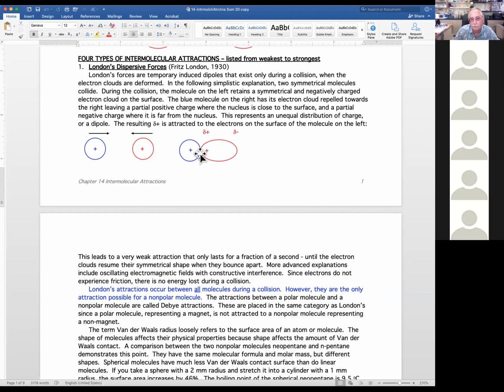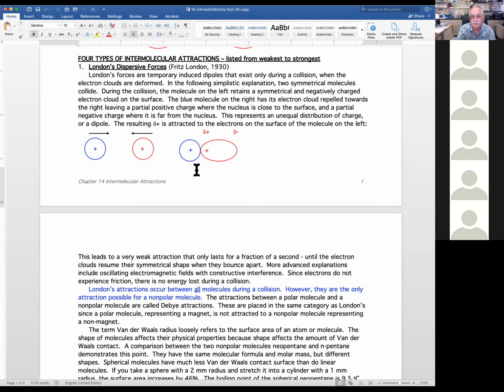So the electron cloud, because of this collision, is not symmetrical. It forms a dipole. You take negative charge and you push it over here. So this partial positive over here is closer to the nucleus, and it's going to be attracted to the negative charge of this electron cloud over here.